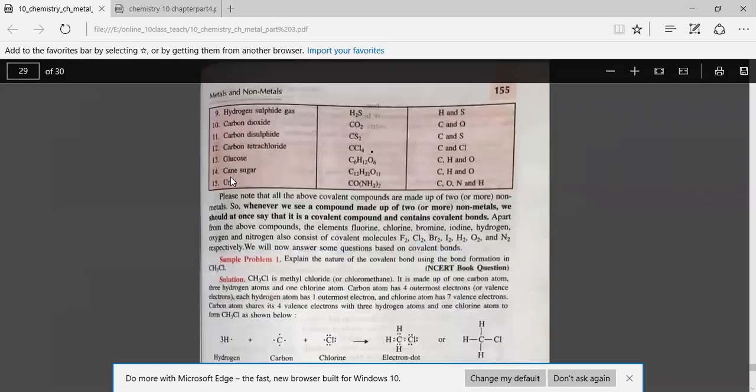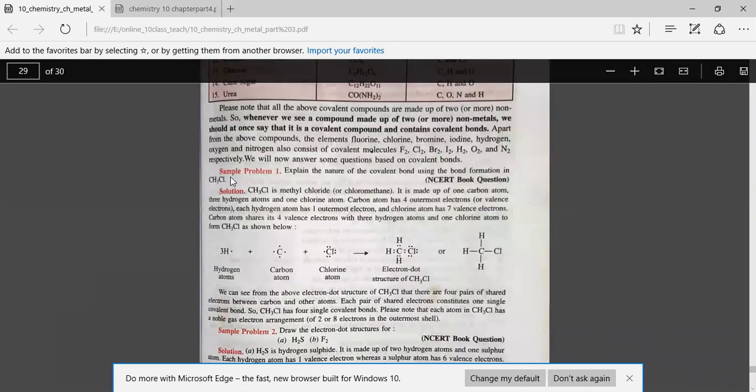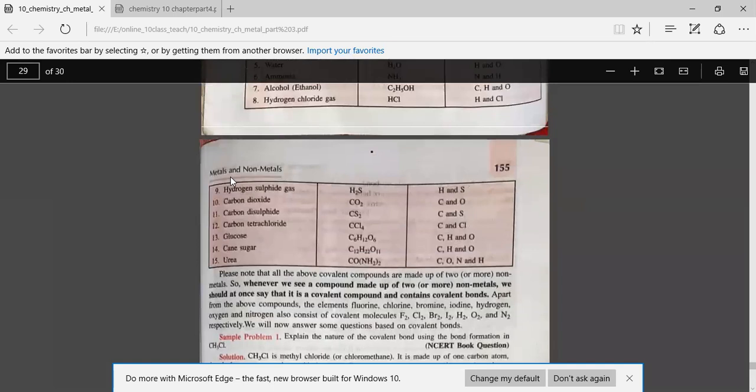So next, question number one: explain the nature of covalent bond using the bond formation in HCl3. So the same thing you have to do. How will the bond form? We have 3 Cl and one hydrogen.